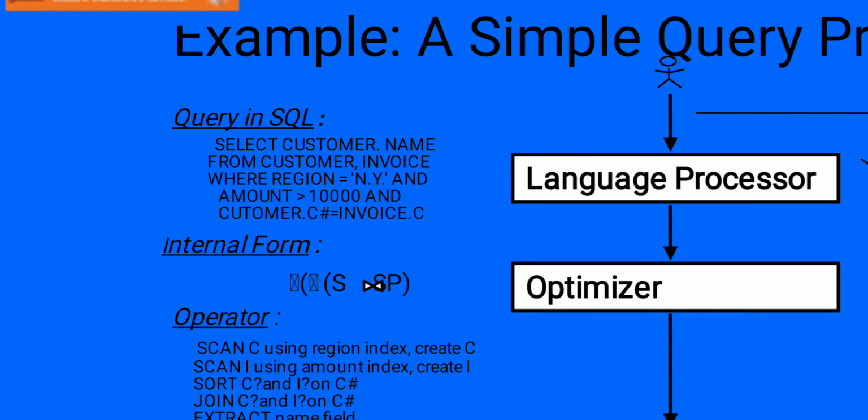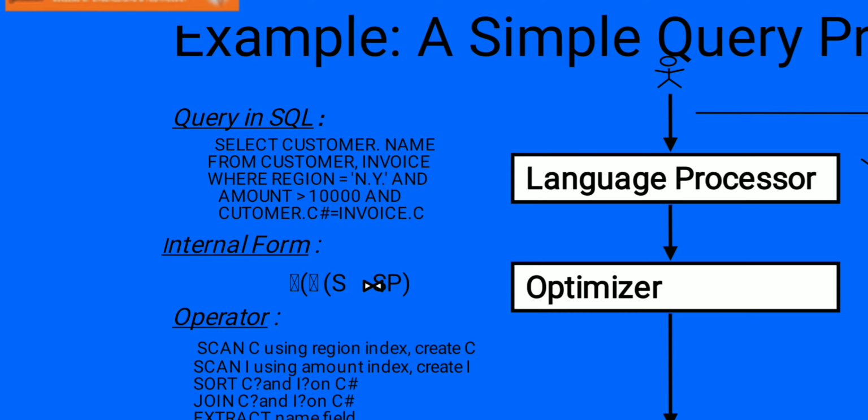In the next sessions we will see the SQL commands. There you can see the query processing. The select means from the table, I need to select the column customer name where the conditions are reason of NY and amount should be greater than 10,000 and the customer C having the invoice.c, listing those people.